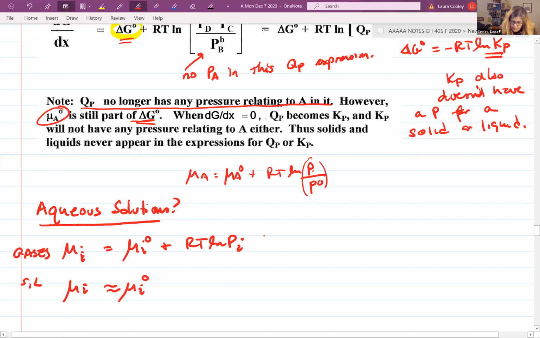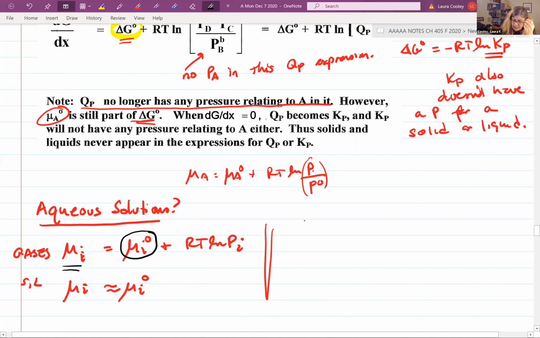And as you might guess, for aqueous solutions, we have something similar. What we had here was the chemical potential equaling a chemical potential at a standard state. And as you might imagine, an aqueous solution is not going to have the same standard state as a gas.